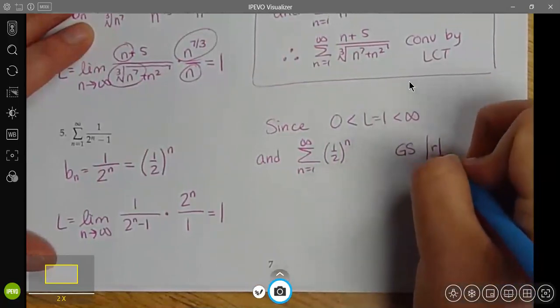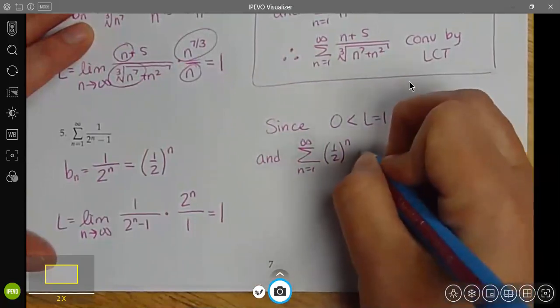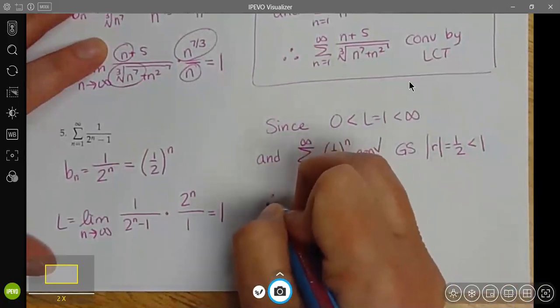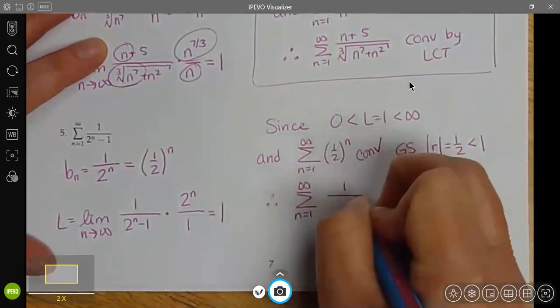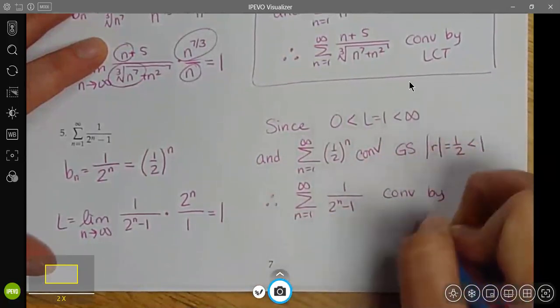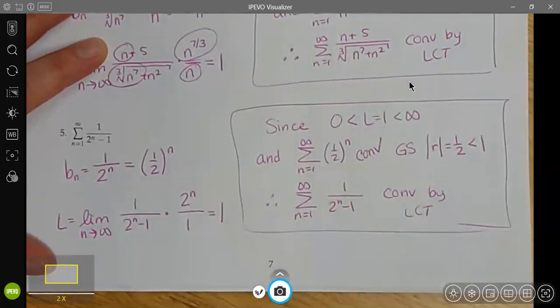The absolute value of r is equal to 1/2, which is less than 1, converges. Therefore, my series n equals 1 to infinity of 1 over 2 to the n minus 1 converges by LCT. All right, so there you have an example with a geometric series.